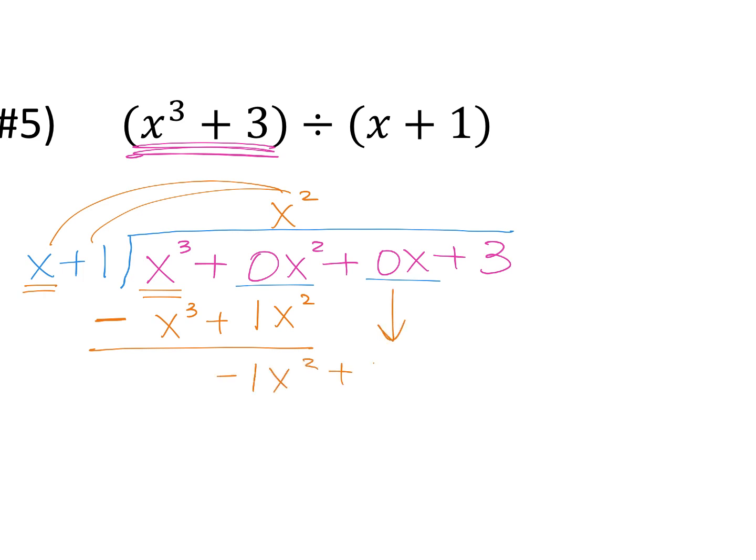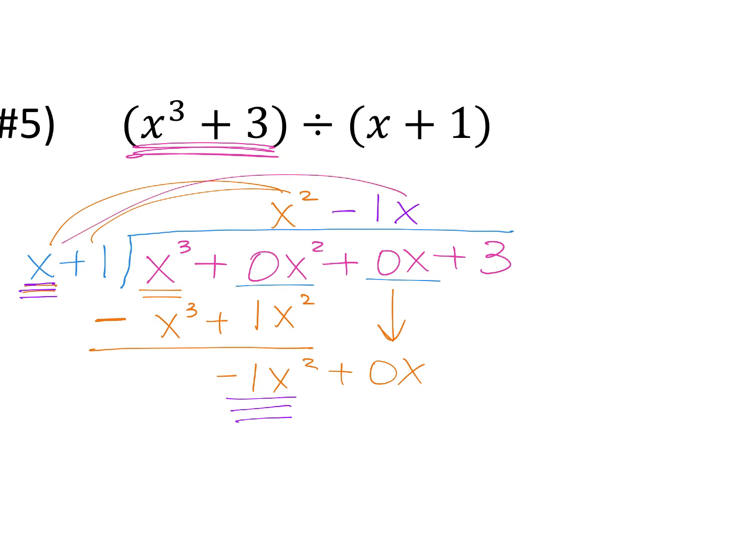Then bring down the 0x. Okay, so now it's what can I multiply x by to get a negative 1x squared? Negative 1x. And again, you don't have to put that 1 in. I just think it keeps you from making silly mistakes.